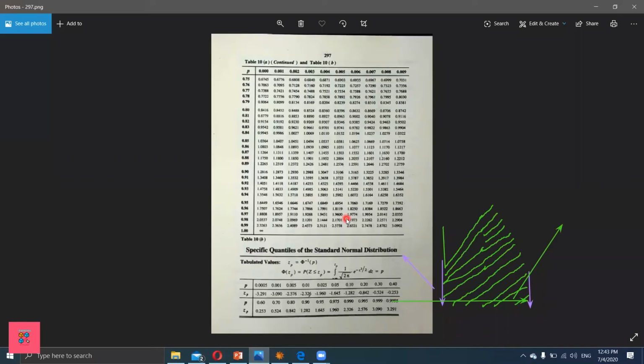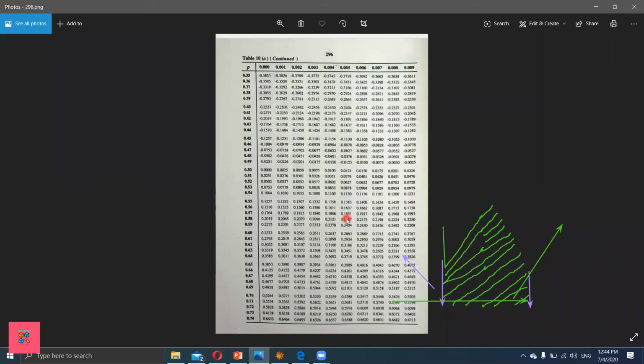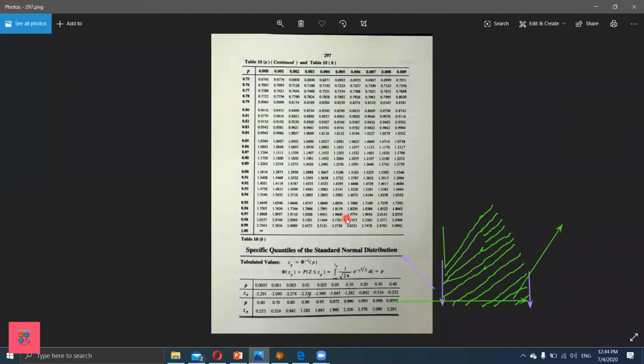This is the last part, 0.95. Yes, on the same page. 0.95 is this one, and in 0 it's 1.6449. You can see this value is at the start, 0.95 and 1.6449. So we will write it here.